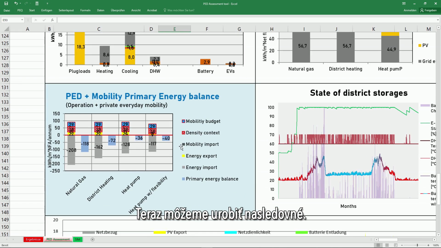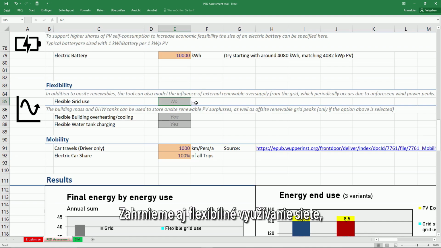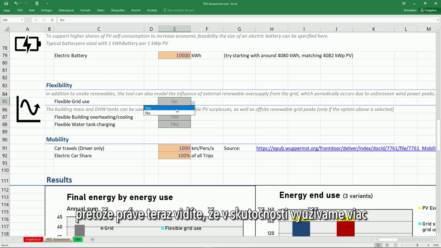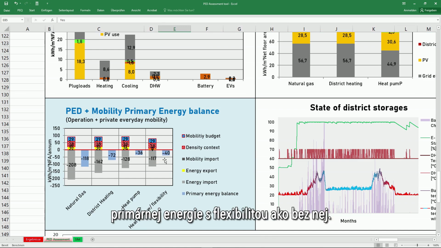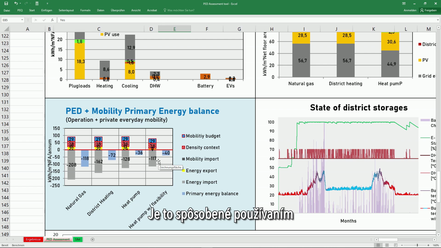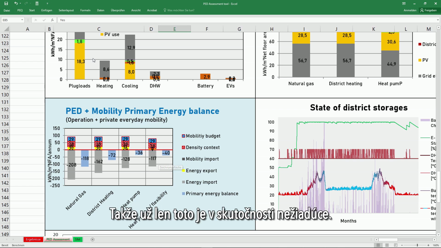Now what we can do is also include flexible grid use, because right now you see that we actually use more primary energy with flexibility than without. This is due to using the photovoltaics to overheat the buildings, which results in slightly higher heat losses. So this alone is actually detrimental.